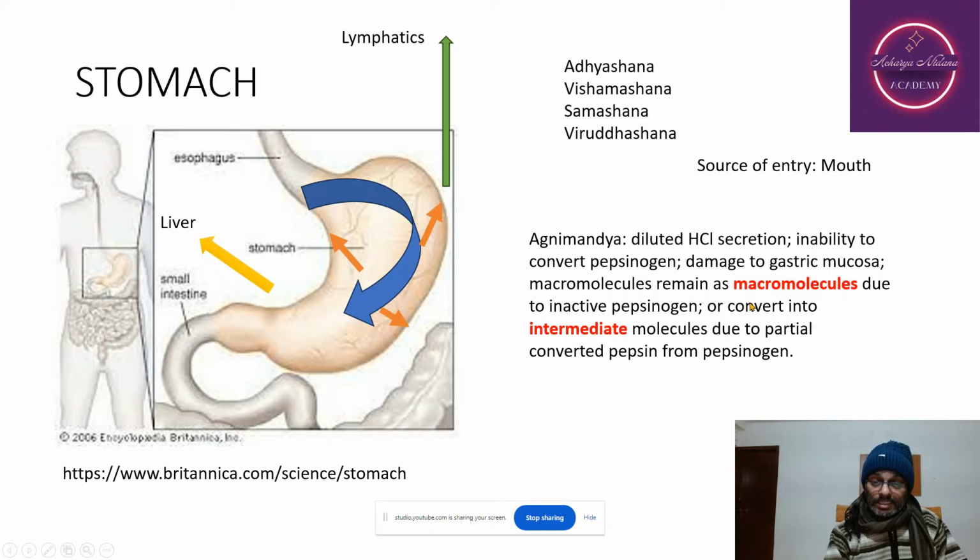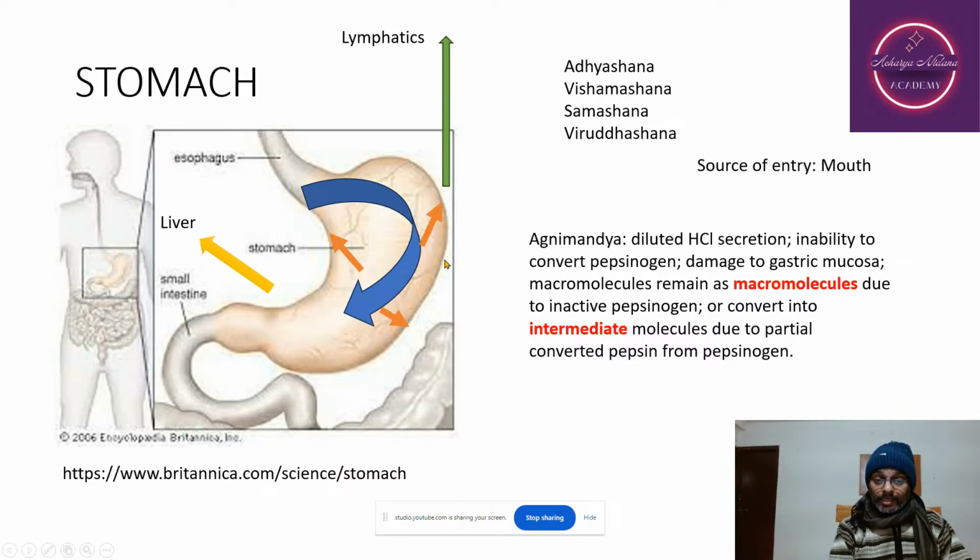So this in turn results in the deposition of macromolecules or intermediate molecules on the greater curvature as well as the lesser curvature of the stomach. That is nothing but the presence of ama. From there, because of the damage, inflammatory markers are being produced in the stomach. These inflammatory markers are nothing but proteins.